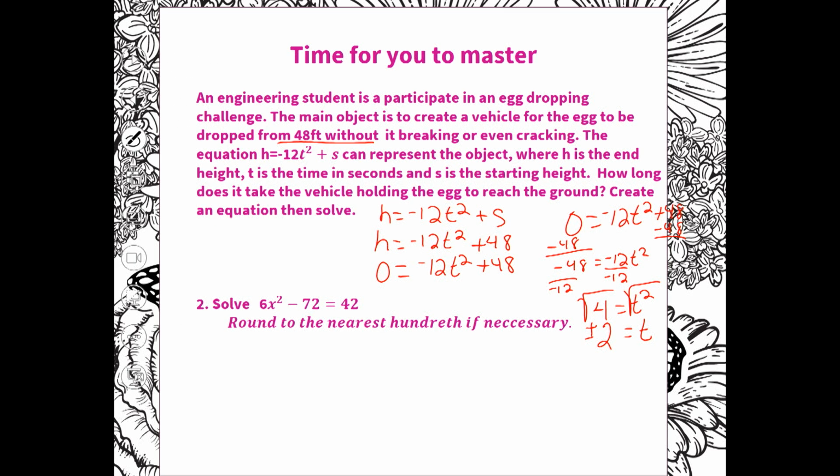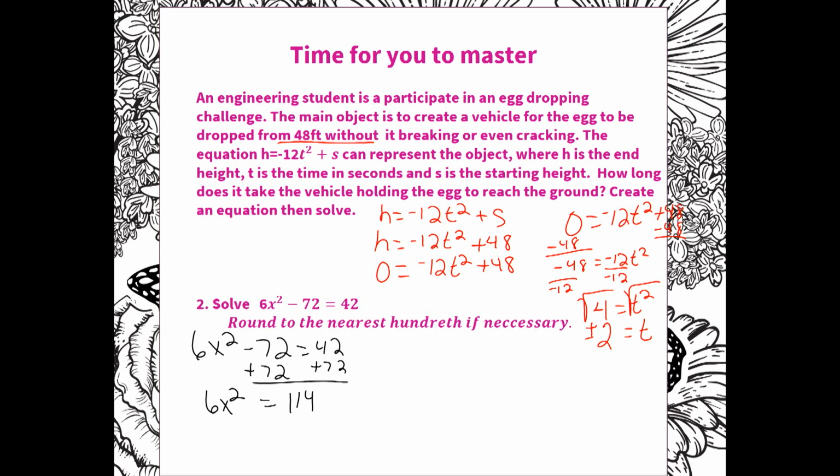Let me get another color. Let's try this one. So, I have 6x squared minus 72 equals 42. What if I just move that 72 over, where I have 6x squared equals what? Nope, not 14, Kimberly. You've got to put 114. There we go.